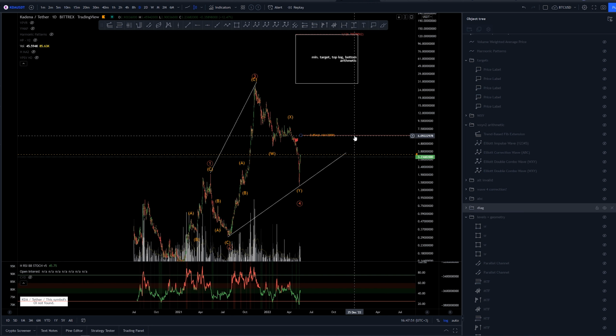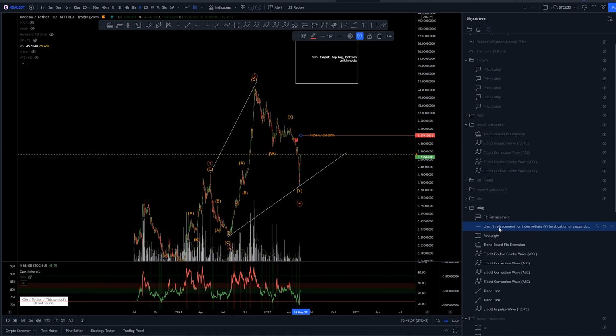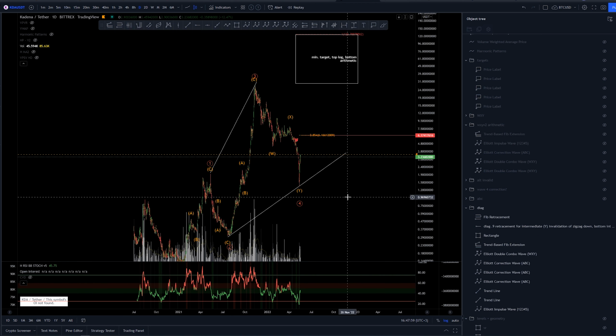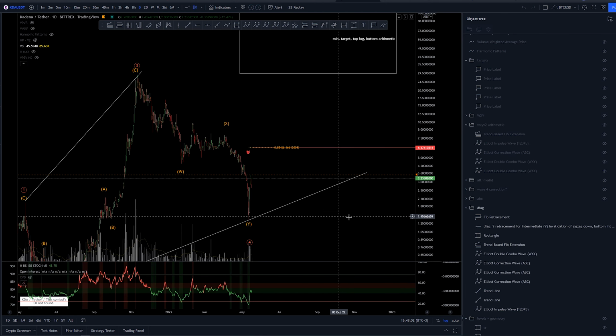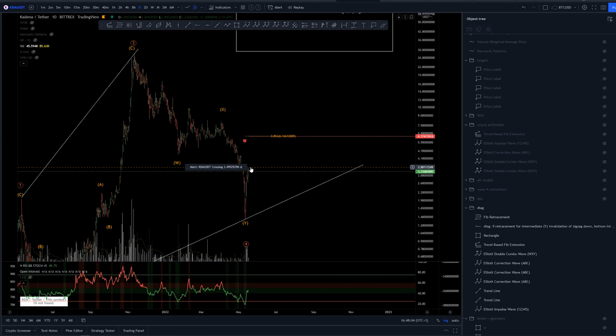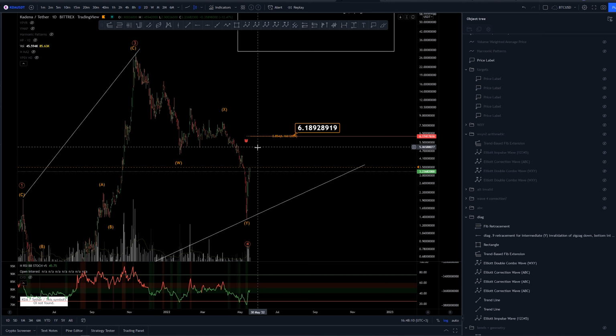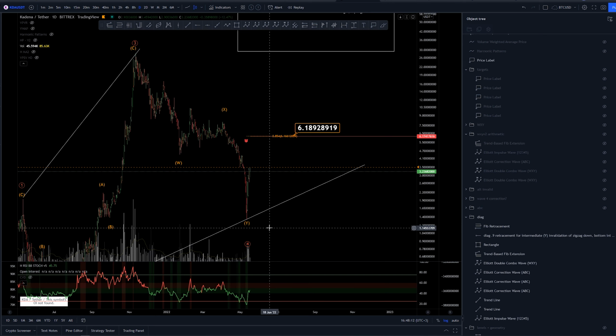What do we have here? I'm thinking these are in the wrong folder. Oh no, okay. So if again price gets up here around $6, then this count basically gets invalid if we haven't made a new low.